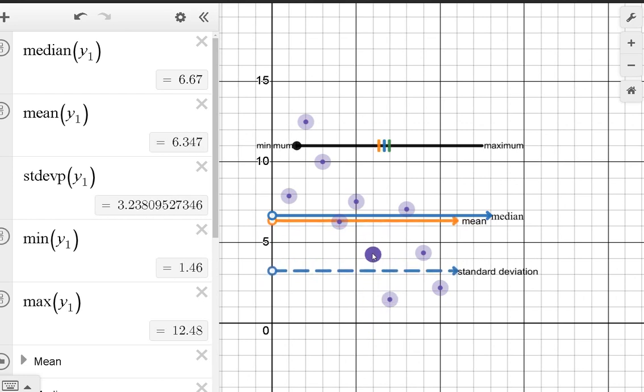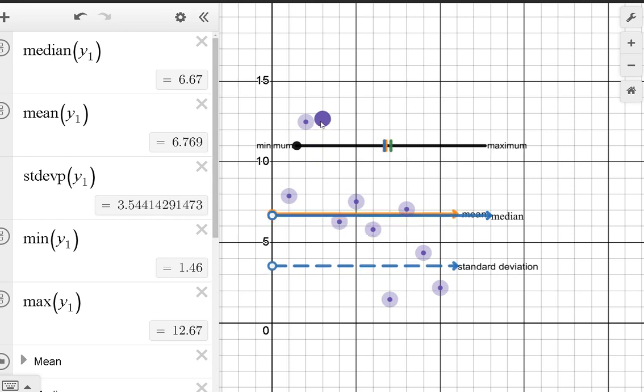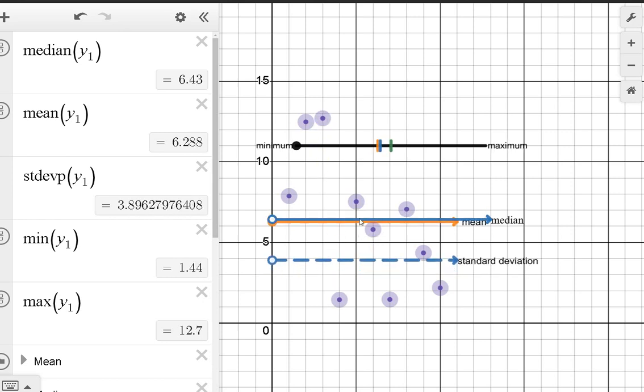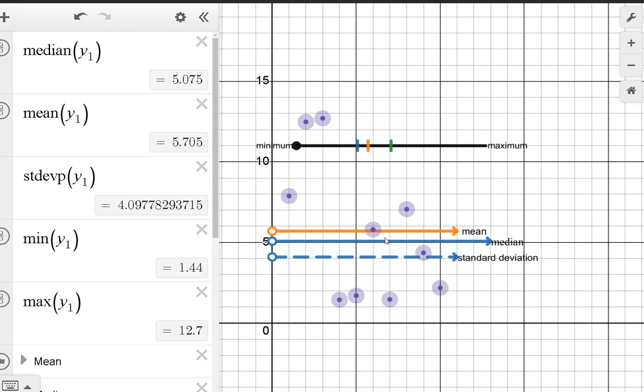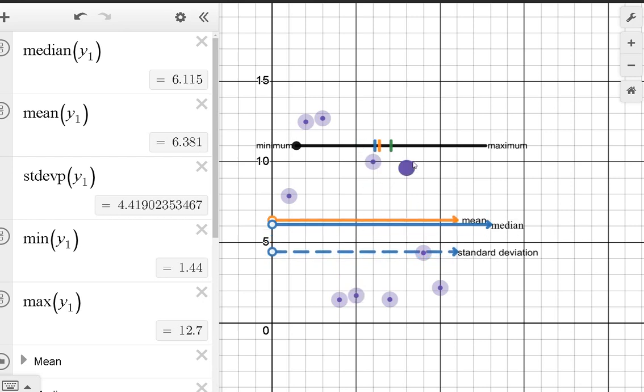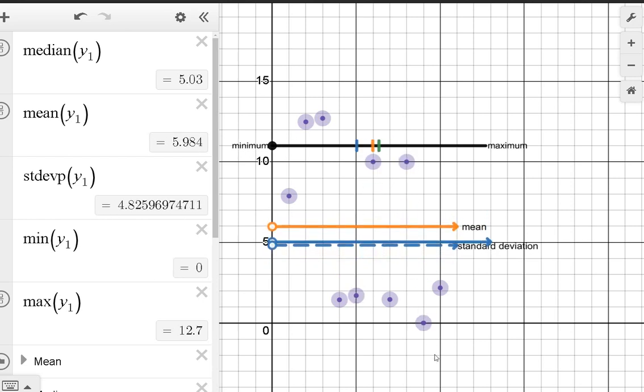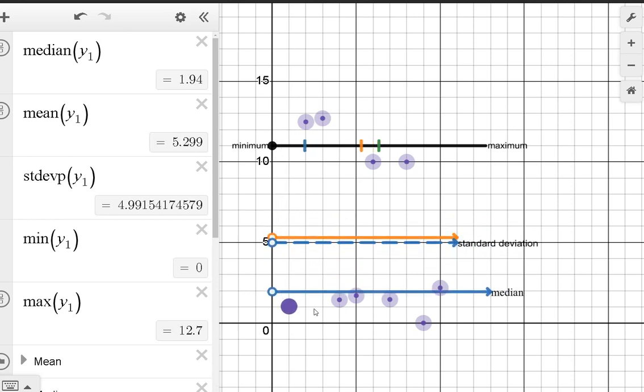So if I move this up, my standard deviation over here starts to decrease a little bit. I can move some other things out here, here, and here. Standard deviation starts to increase a little bit, and then it starts to increase a lot. So, standard deviation overall is starting to measure how spread out the data is.